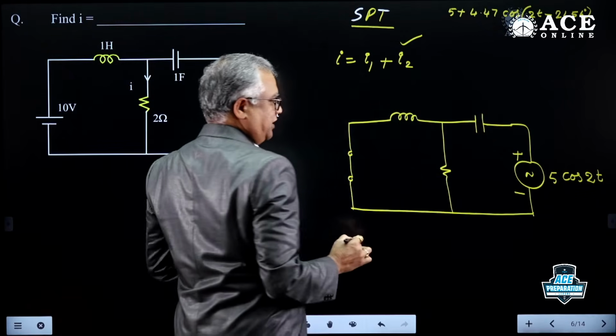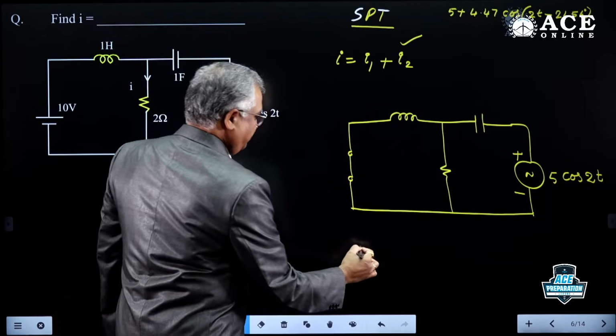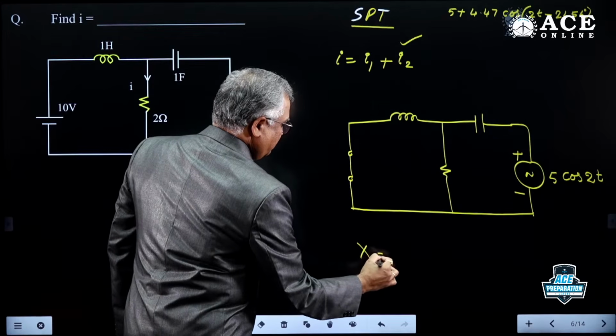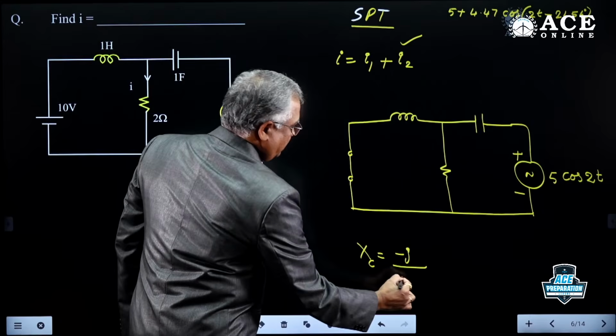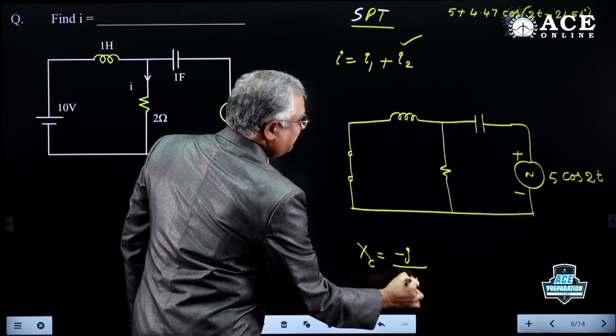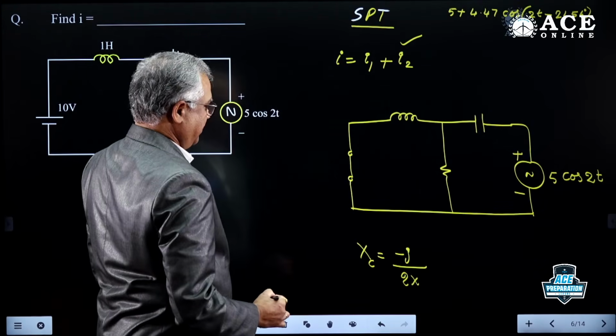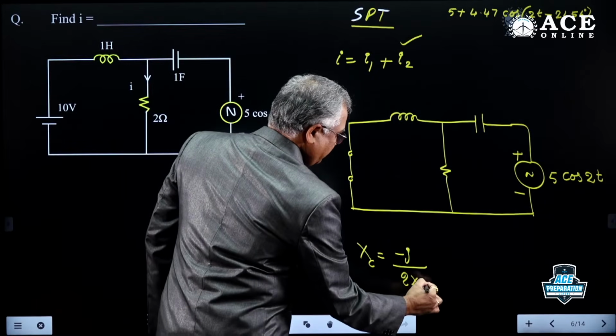Here, 1 farad. What is the capacitive reactance formula? X equals minus j by omega C. What is omega? 2. The capacitor value is 1 farad.